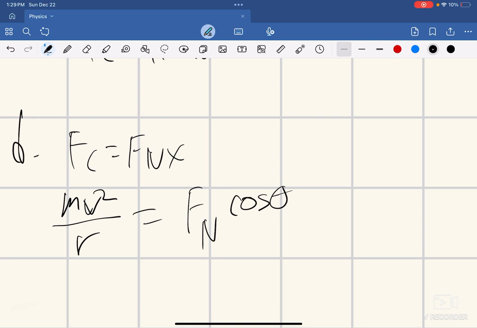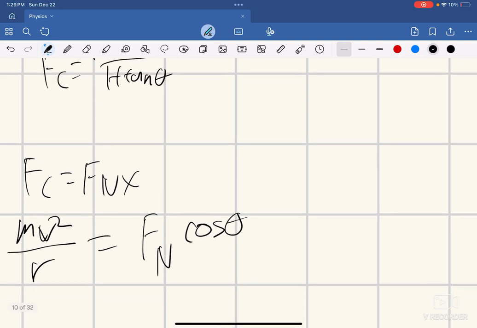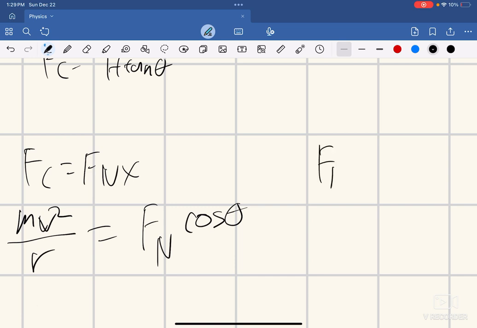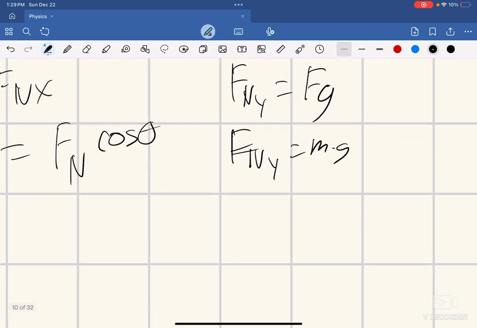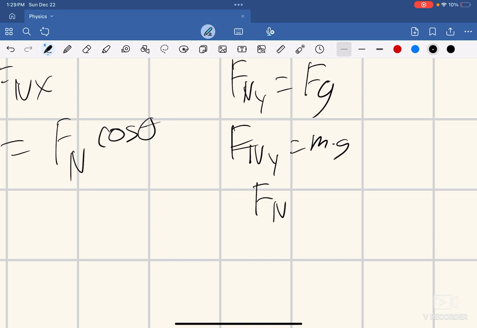And what we know about Fn is that Fn of y is given by mg, right? We already stated this earlier. Fg and Fn of y is equal to mass times gravity. So Fn of y is just Fn sine theta.